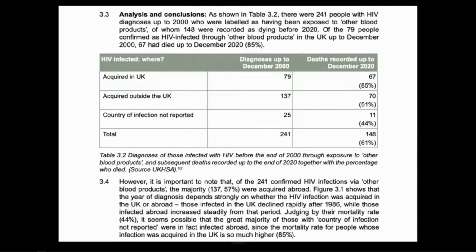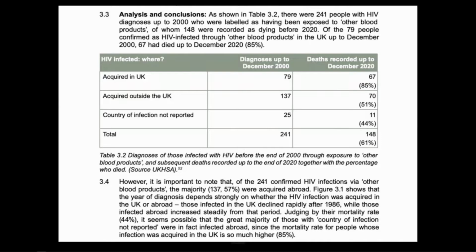We see in diagnoses there's a total of 241, this is up to December 2000, 79 acquired in the UK, 137 acquired outside the UK, 25 in country of infection not reported. So we've got there a kind of minimum of 79 known cases diagnosed through other blood products, which, as we described before, is a somewhat imprecise category.